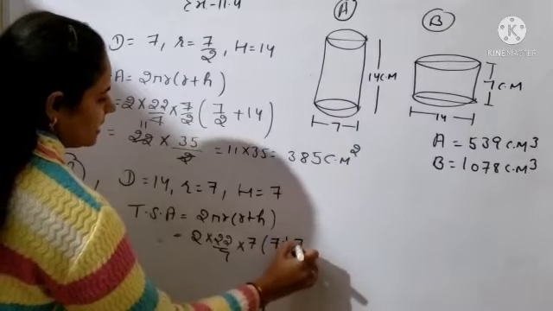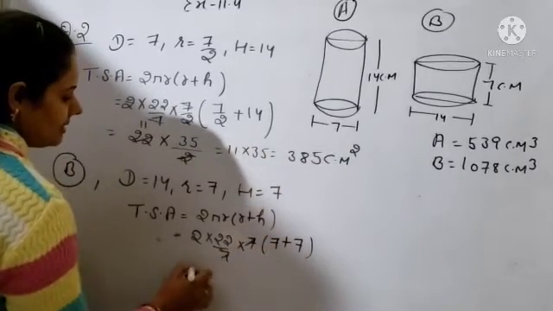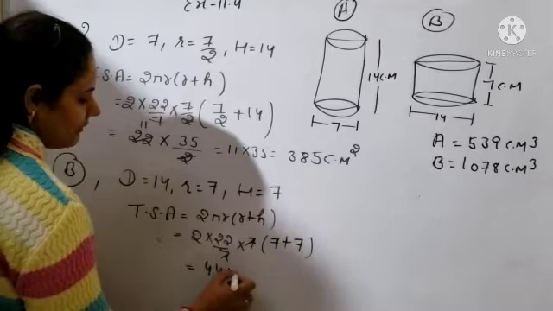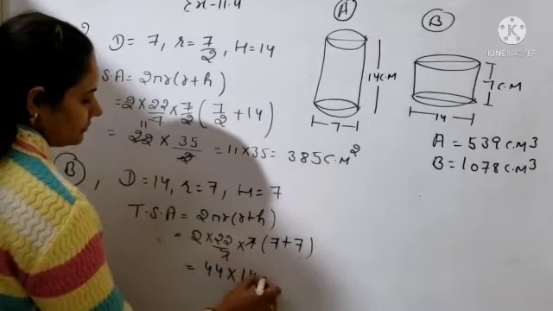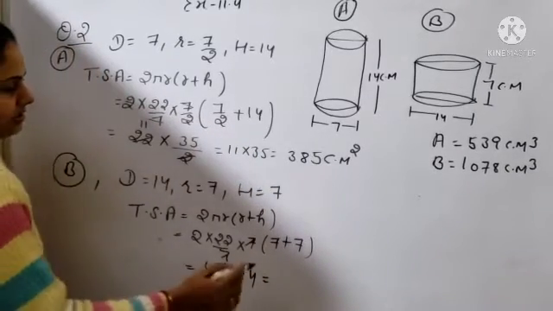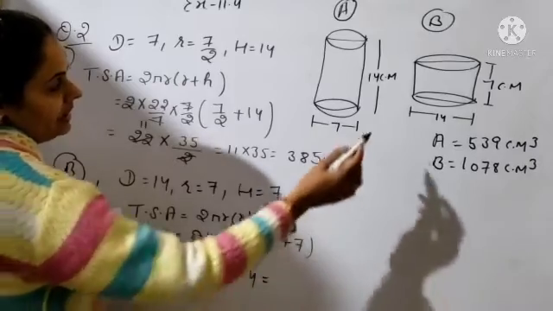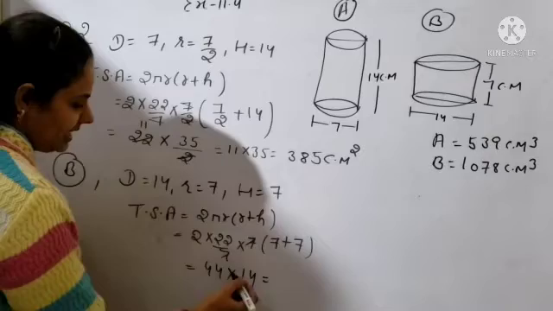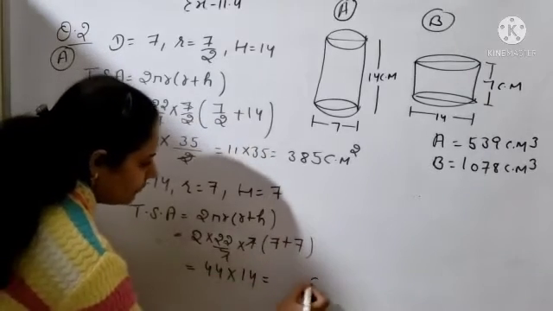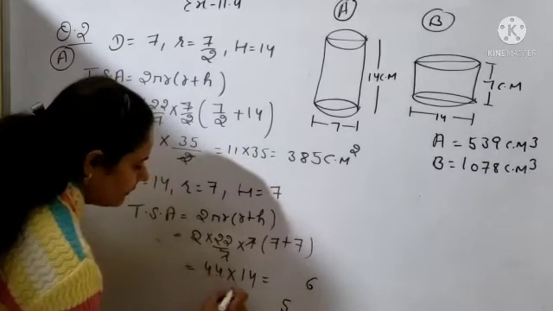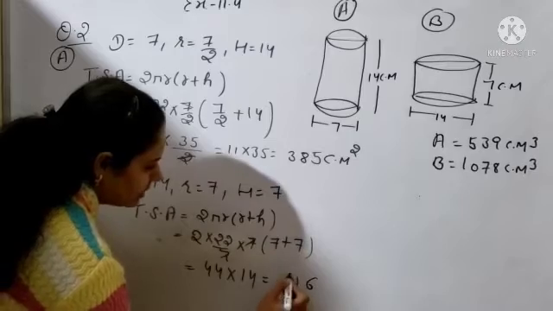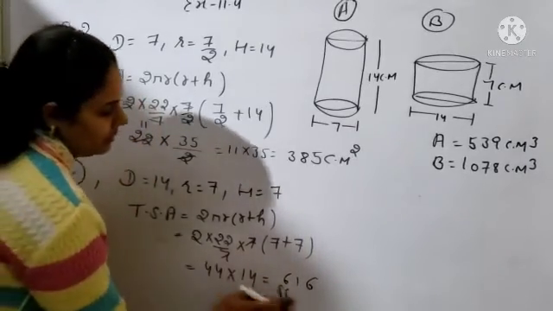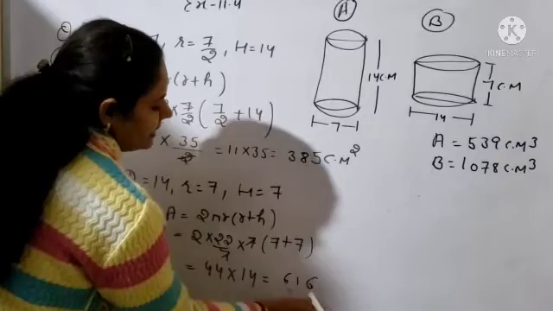So 7 plus 7. 7 and 7 cancel. 22 2s are 44 into 7 plus 7, 14. Okay. So now r and h both are same. Yes, r is 7 and h is the same. So 7 plus 7, 14. Now multiply it. 14 4s are 56, and 5, 616. Okay. So this one will be 616.